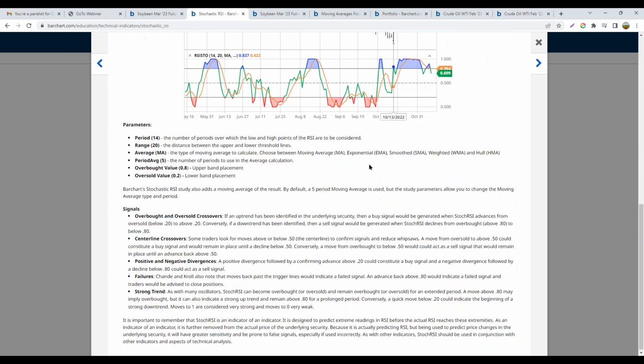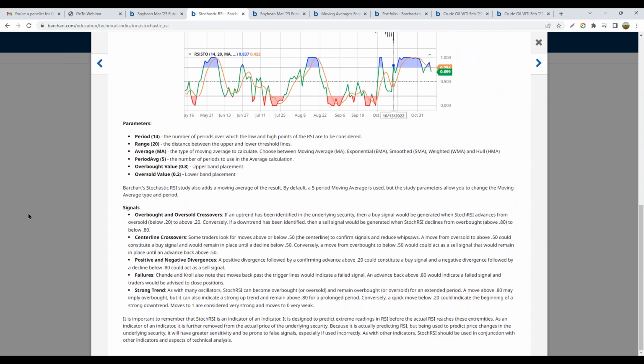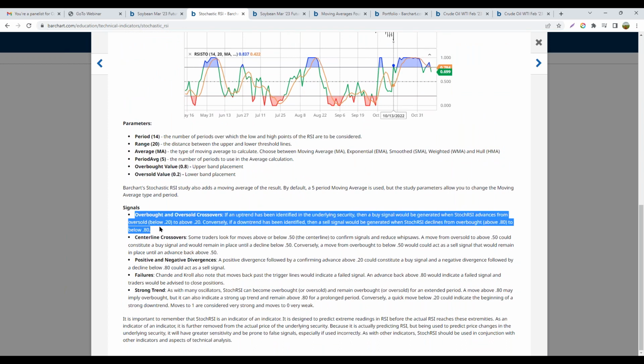What we're going to do is use the common interpretation of this to help us create our entry signals. Now, the first signal that we're going to look at, and the one that we're going to rely on most of the time, is an overbought or oversold crossover signal. So if we have identified an uptrend in an underlying security, our futures contracts, we're going to look for a buy signal that will be generated when the stochastic RSI advances from oversold, here it is, 20, and advances above the 20.